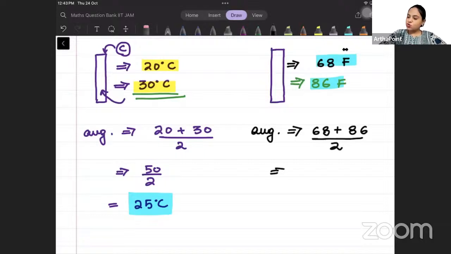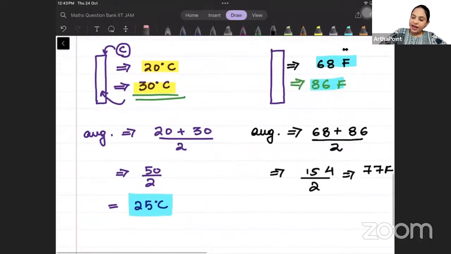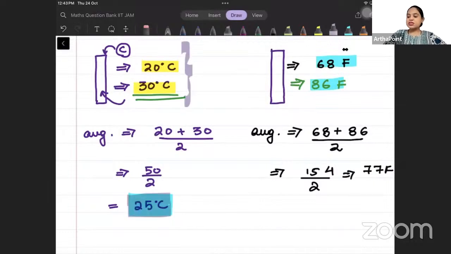This is 154 by 2, which is 77 Fahrenheit. So the average temperature is 25 degrees Celsius, and the average temperature in Fahrenheit is 77 Fahrenheit.